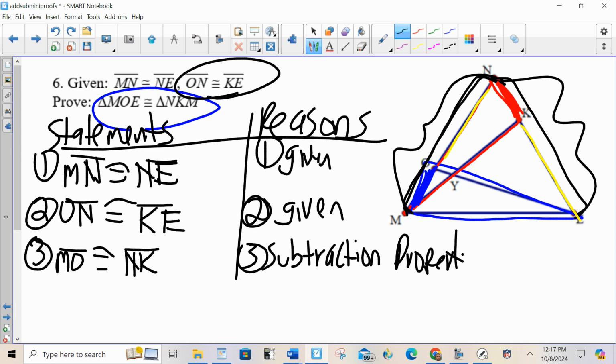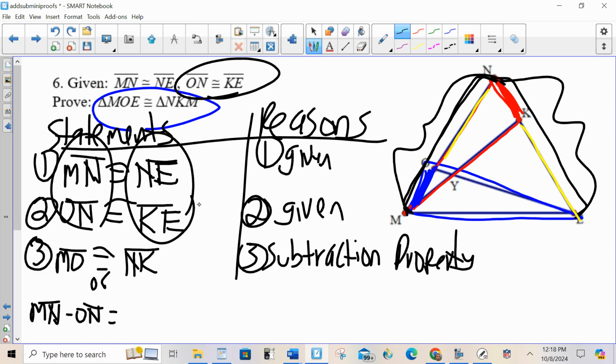But I need to see the subtraction, so I write "or", and those are the things I'm subtracting. MN minus ON equals NE minus KE. That's addition subtraction property. When you have part of what you want, that's when you use addition or subtraction property.